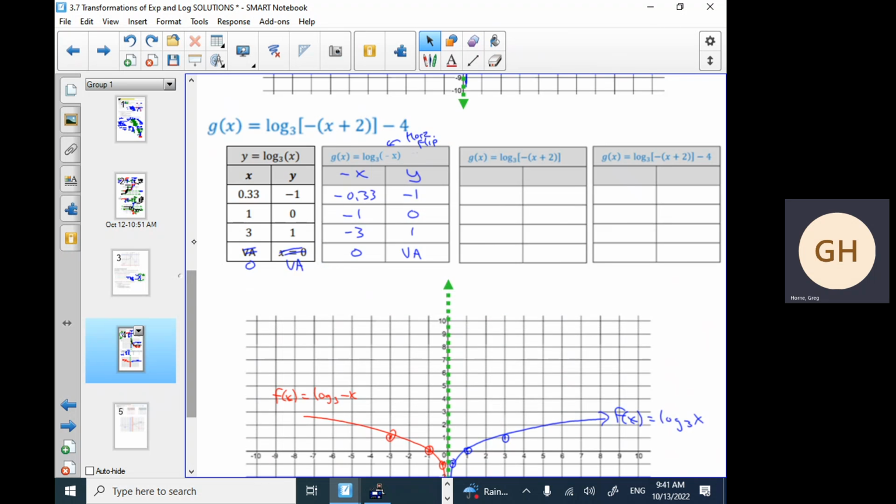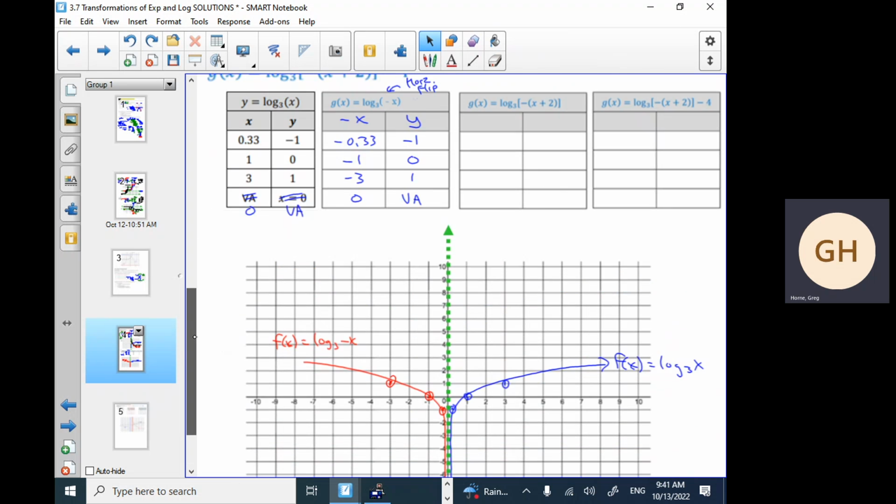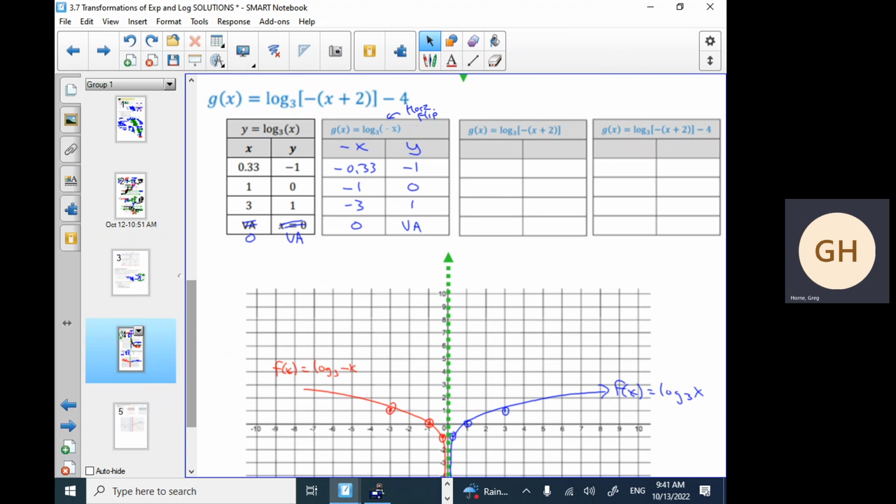Then we have the next transformation. Think about this, it's backwards, so it's a horizontal shift to the left 2. That means our negative x is going to have 2 taken away from it.